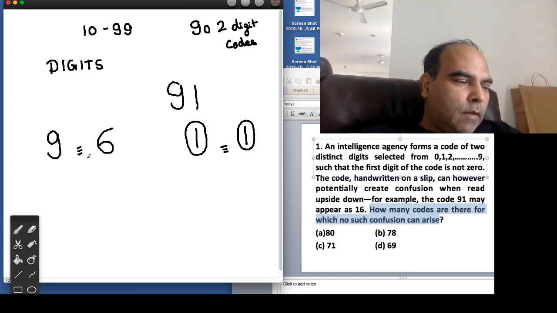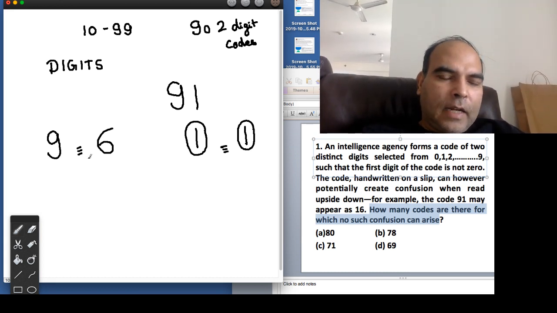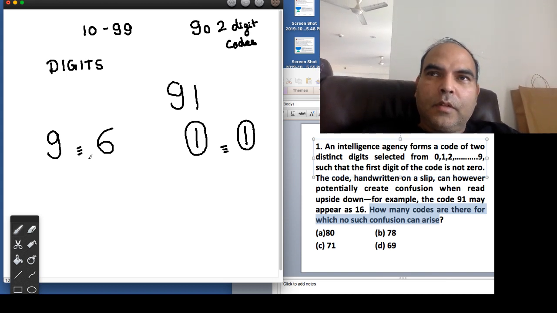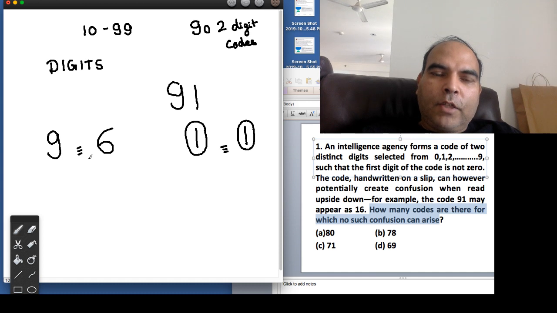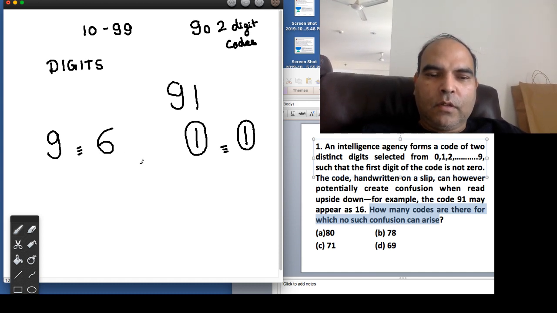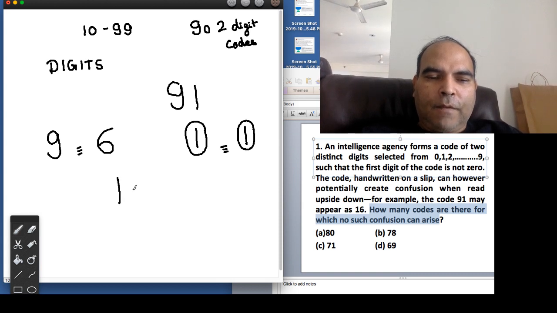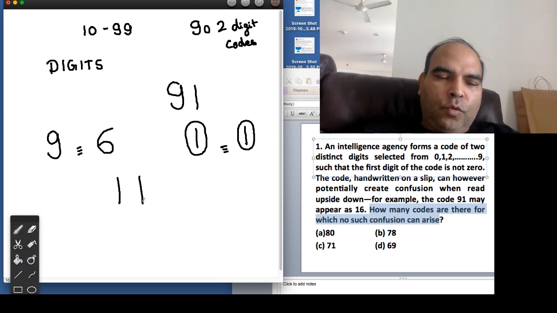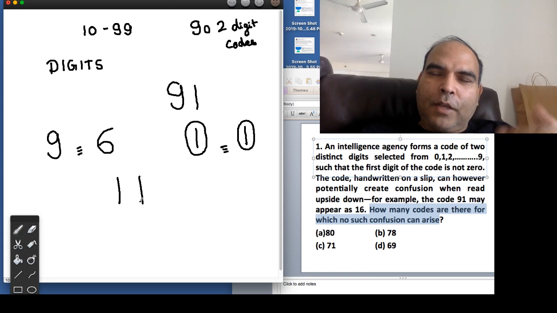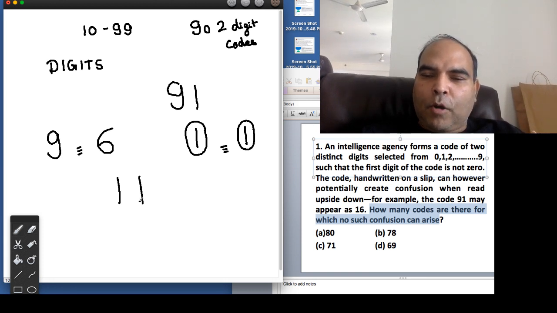So there are two kinds of numbers here that create the problem: the numbers which on inverting will change the values, and numbers which on inverting will not change the values. For a number like 11, for example, you turn the page upside down, you will still be confused about the top and the bottom of the page, because the slip is handwritten.